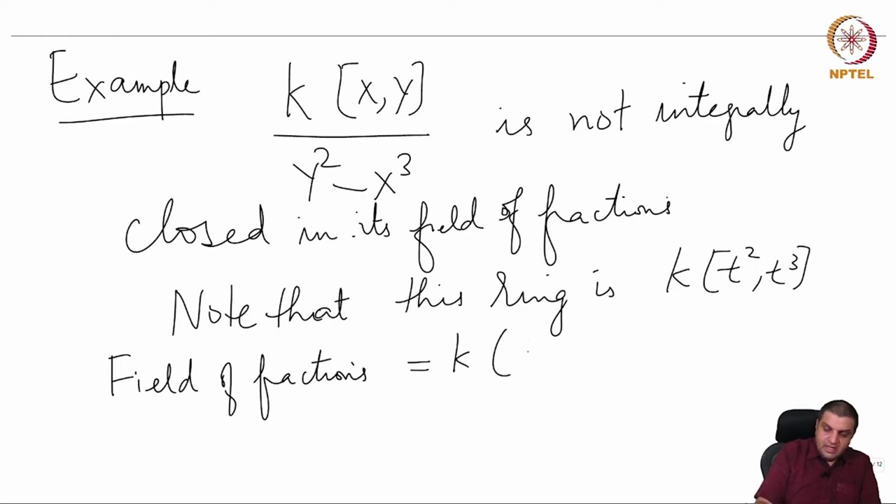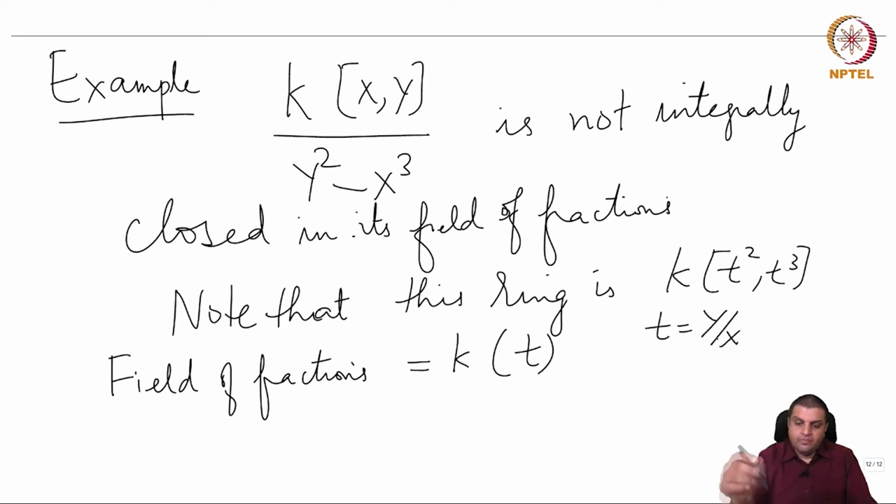The field of fractions is k(t), a rational function field in one variable. Okay, because t cubed over t squared is, notice that t is y over x. So that is inside here. Okay, and t is there in the field of fractions, and t is integral over this ring.